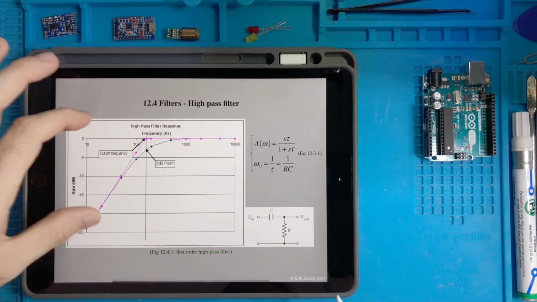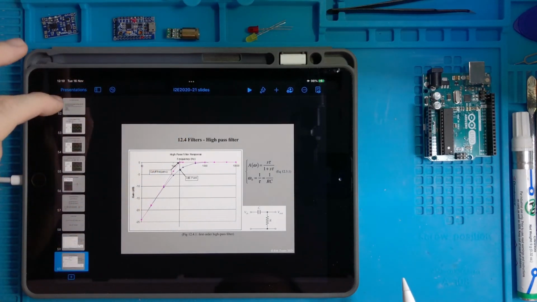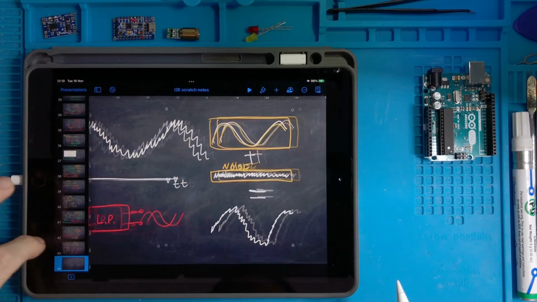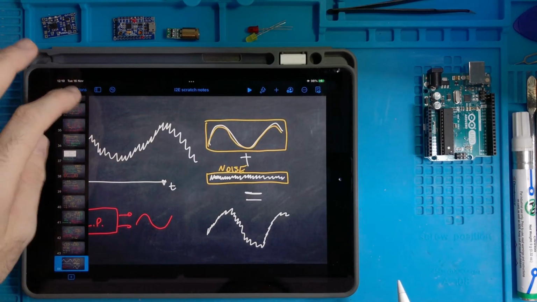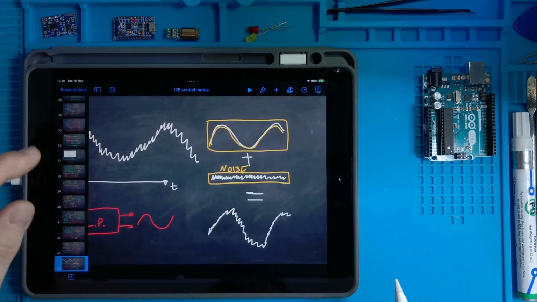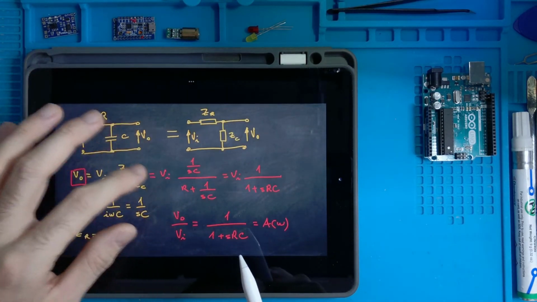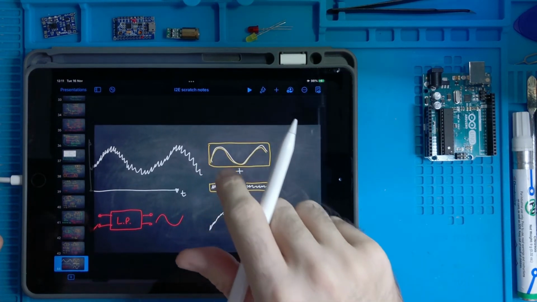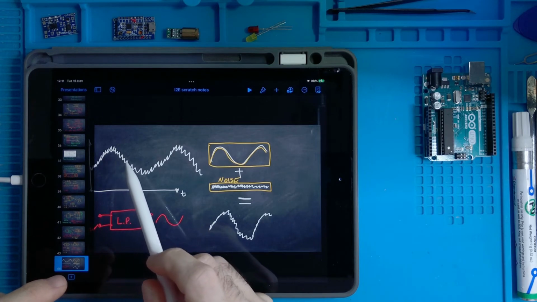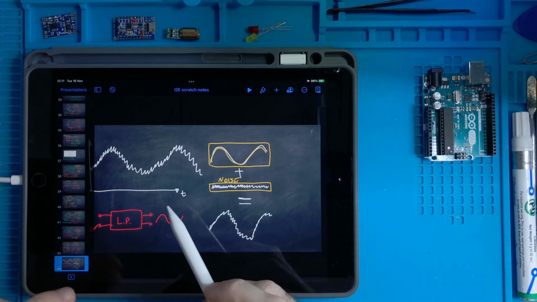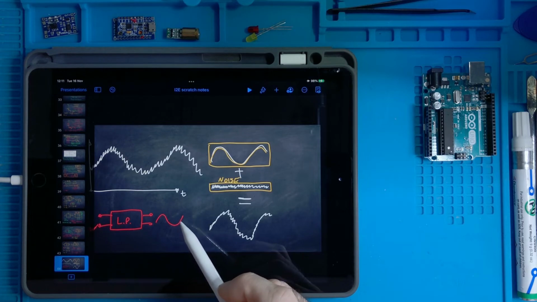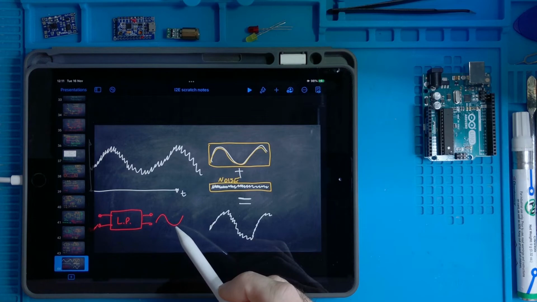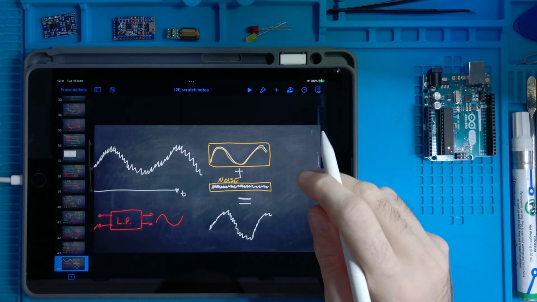Now if we apply this circuit to the noisy signal we had before, so to this one, the high pass filter applied to this signal, instead of giving us as output the smooth underlying slow signal, will give us as output the opposite.